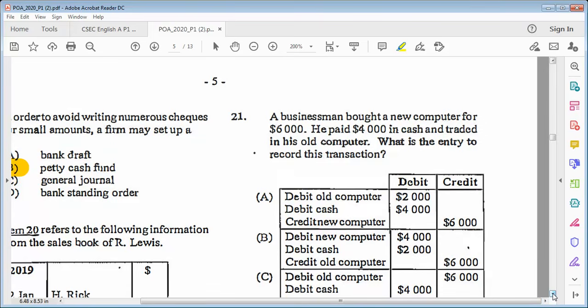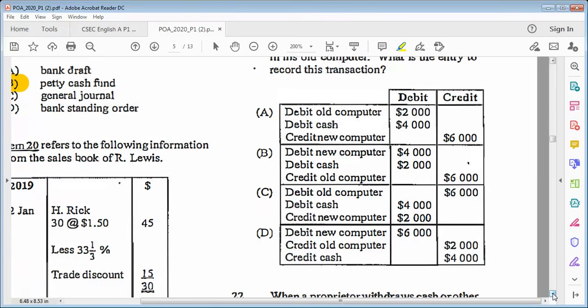Is it A, debit old computer $2,000, debit cash $4,000, credit new computer $6,000? B, debit new computer $4,000, debit cash $2,000, credit old computer $6,000.